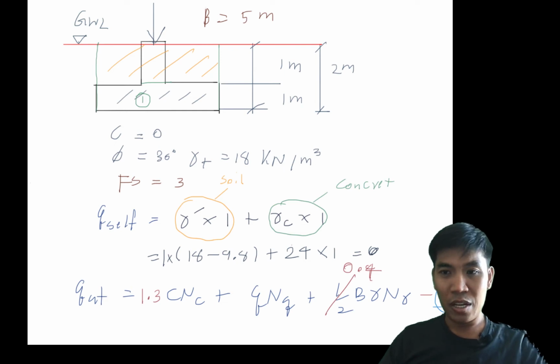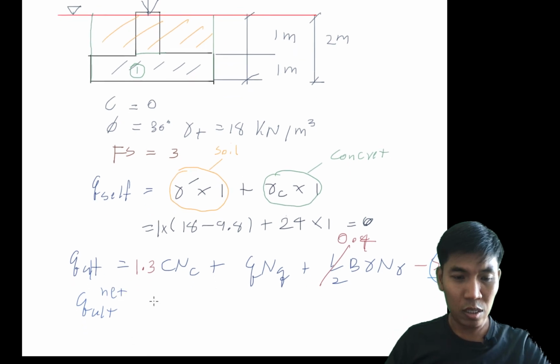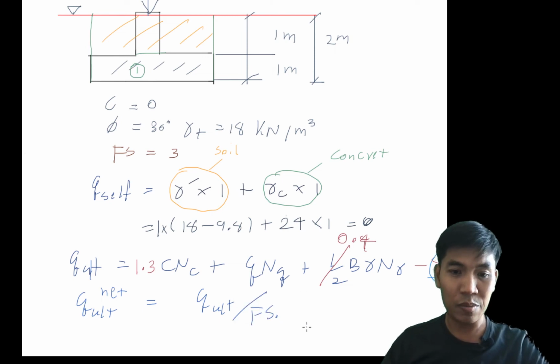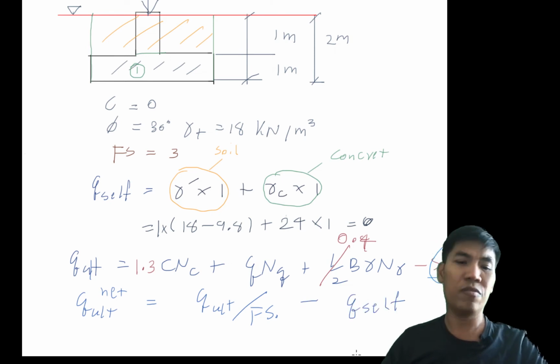And when we obtain the Q ultimate, we change to Q ultimate net equal to Q ultimate divided by the factor of safety, minus Q self.